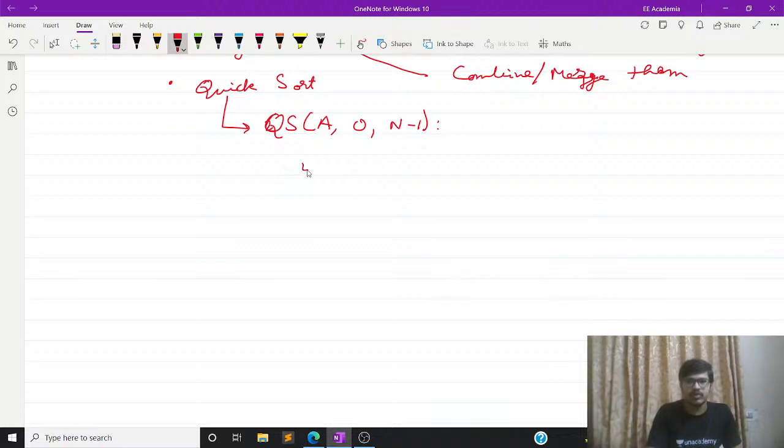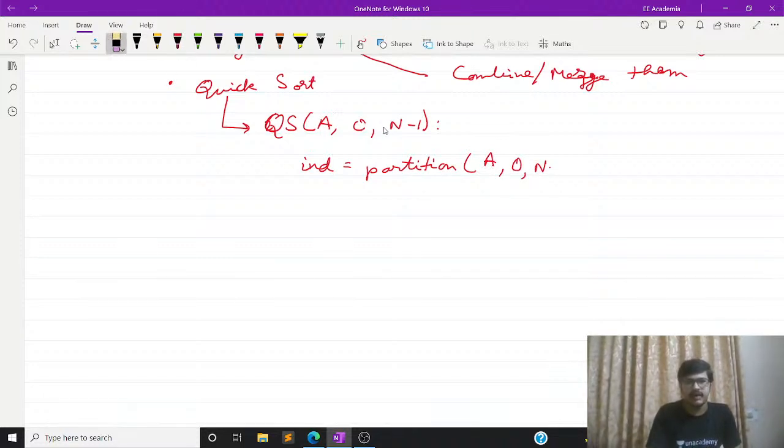What you do is you basically find an index using this partition algorithm, right? You partition the array based on some pivot. Maybe not 0 to n minus 1, I will write this recursively in the form i and j, or L and R, left and right portions.